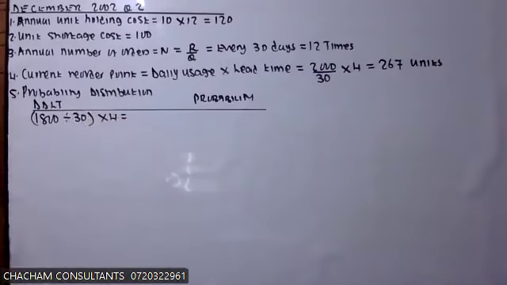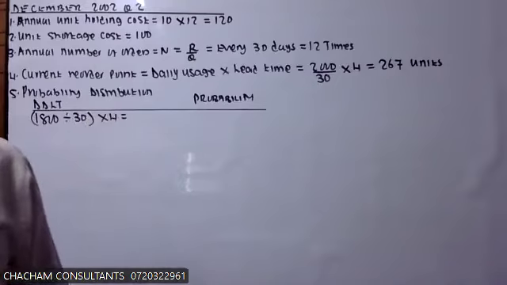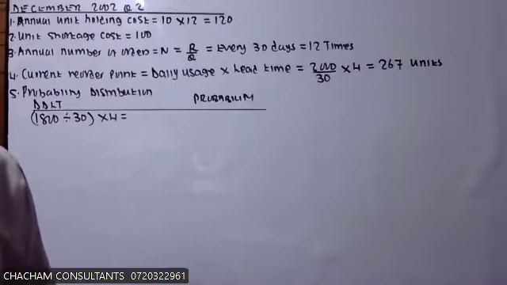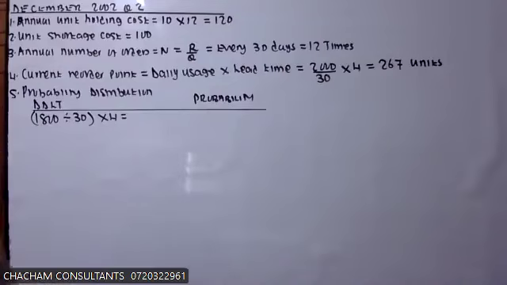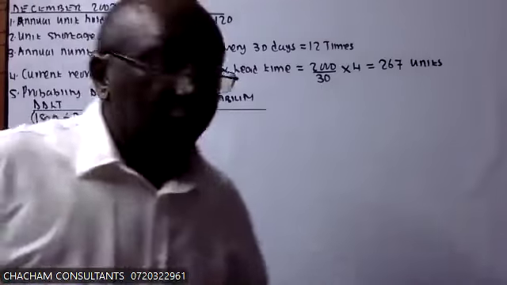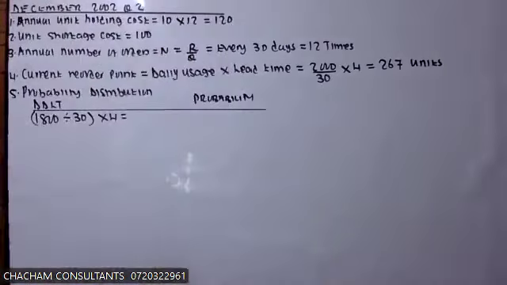That's how we return it. When you multiply by 4, you're getting 240.